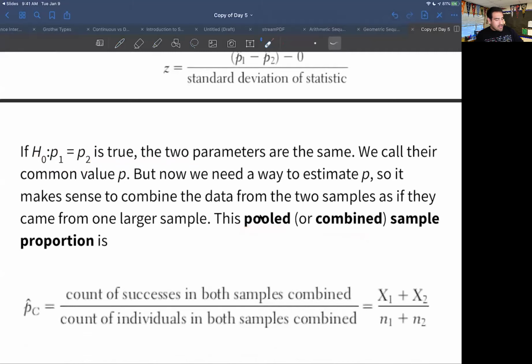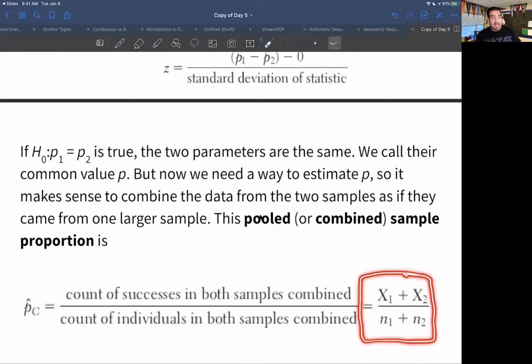The pooled, or combined, sample proportion is the number of successes in both samples combined divided by the count of both sample sizes, right? This is not like regular fractions. This is just taking those values and adding them together.